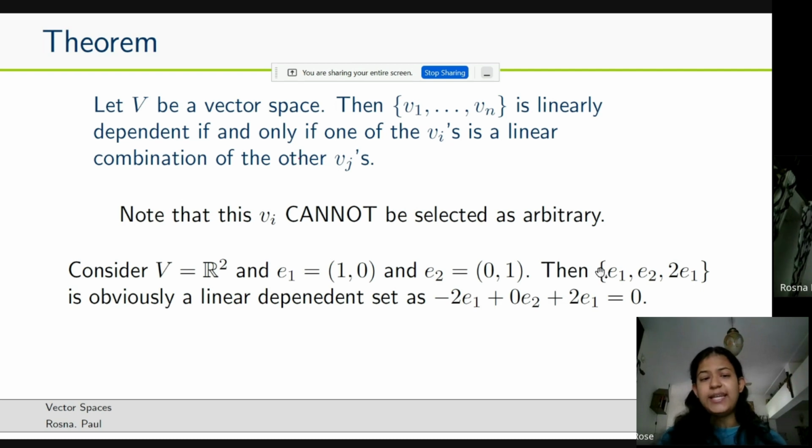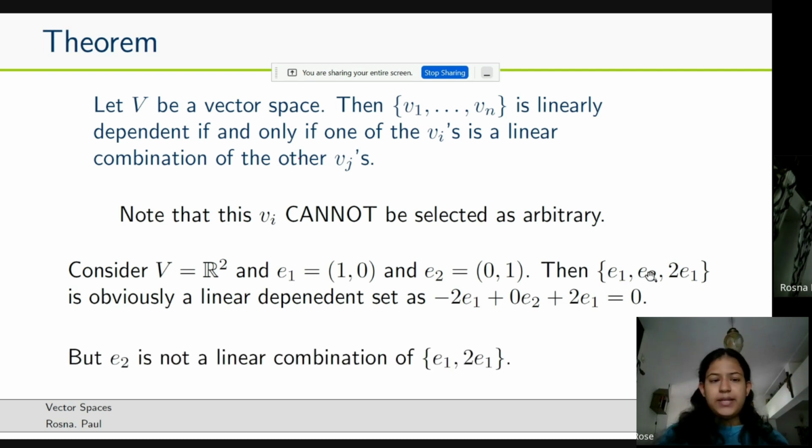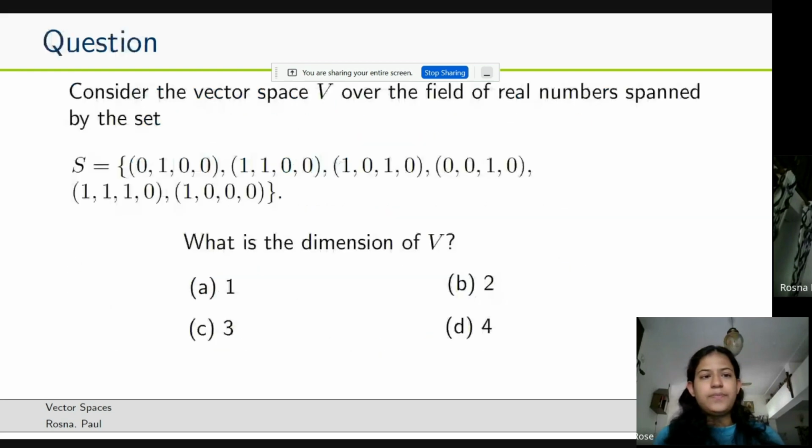So this is a linearly dependent set. But here, if you try to write E2 as a linear combination of E1 and 2E1, this is not possible. So if you have a linearly dependent set, not all elements can be written as a linear combination of the others, but there should exist at least one which can be written as a linear combination of the others. Yes, I guess most of you have understood.